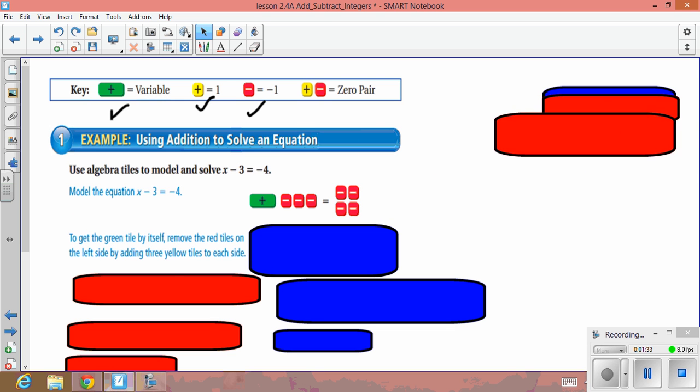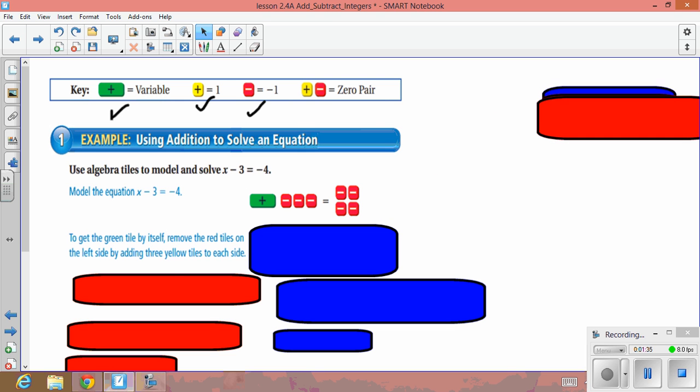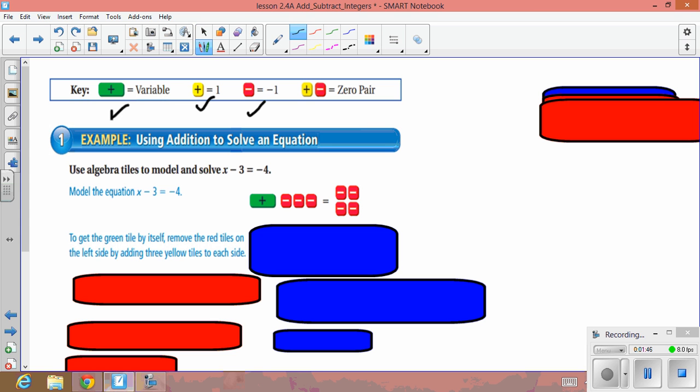Okay, our next step is to get the green tile all by itself. So we need to remove the red tiles on the left by adding 3 yellows to the right. So what we want to do is take this green tile and get it all by itself. And in order to do that, we need to get rid of these tiles here.